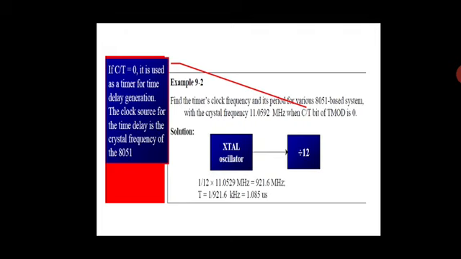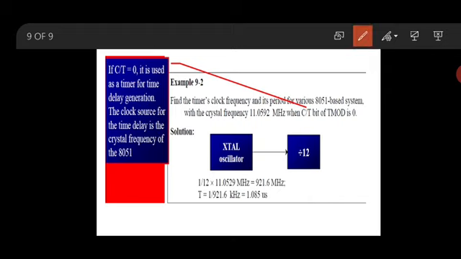Now how much here? I said 1/12 of that. How much frequency is generated here? That is 11.0592 megahertz divided by 12, which gives approximately 921.6 kilohertz. Means that is the clock frequency available here.